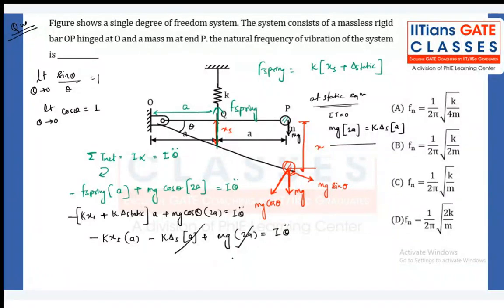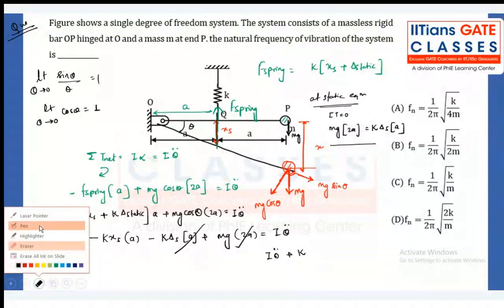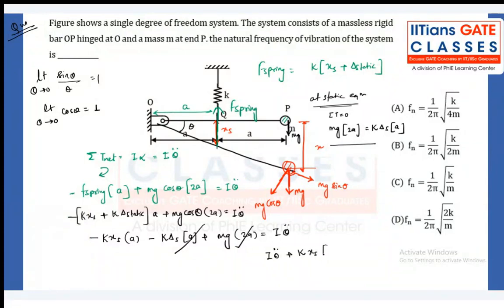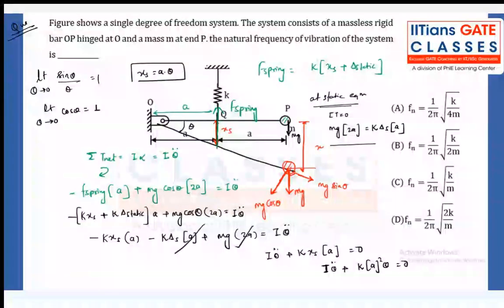So we get I theta double dot plus k times x of spring into a equal to 0. Now, what is x? From this triangle, x can be written as a into theta. So further we can write I theta double dot plus k into a square into theta equal to 0.